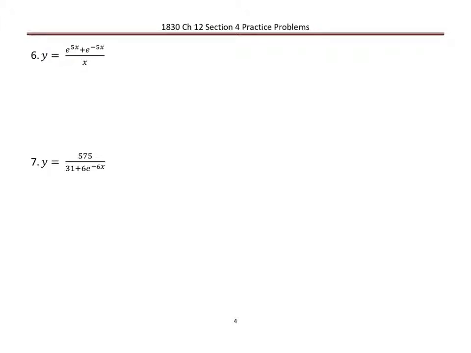Now, question number 6 can be done as a quotient rule, but it can also be done as a product rule. I don't necessarily recommend doing it as a product rule by moving the x up to the numerator and making it a multiplication problem, because the quotient rule in all reality is probably easier. So the derivative of your numerator is going to be e to the 5x times the derivative of 5x, which is 5e to the 5x, plus e to the negative 5x times negative 5.